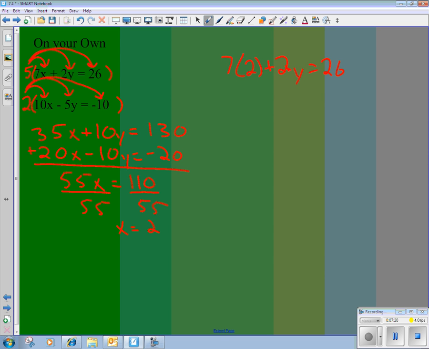We've got 14 over here, so 14 plus 2y equals 26. Subtract 14 from both sides: 2y equals 12, and y then equals 6. All right, so our coordinate is 2, 6.